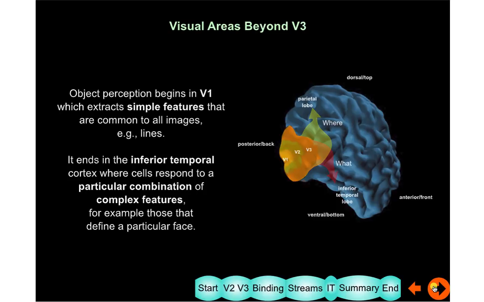So you can see that we saw that in V1 you extract simple features like lines. In the inferior temporal lobe, you combine these features for different things, such as defining a particular face.